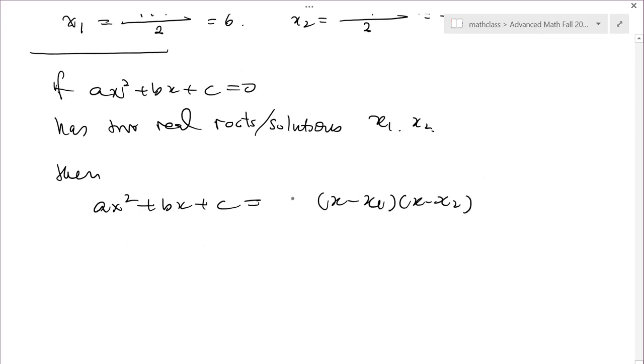But the leading coefficient here should still be a, because otherwise I don't get a squared. Okay, this is an identity.